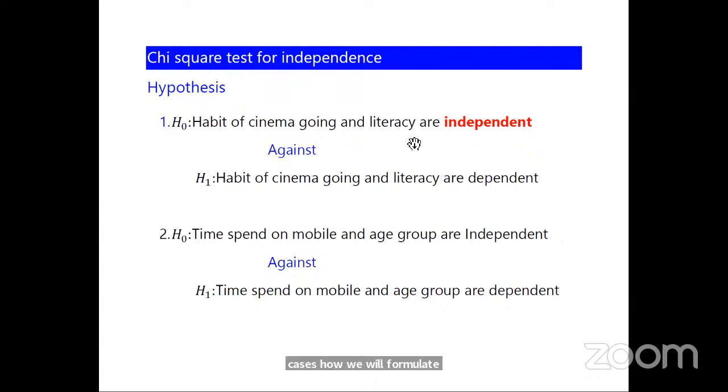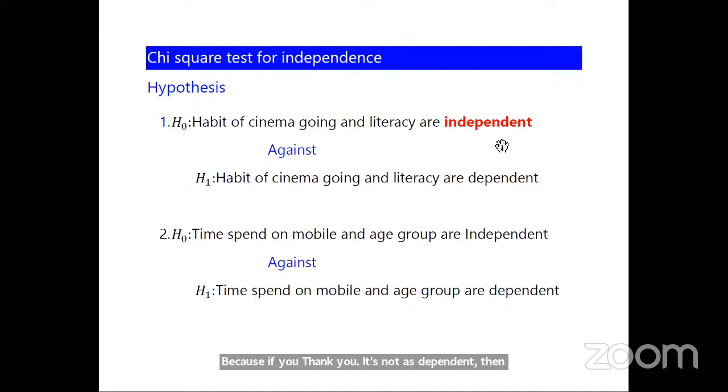Habit of cinema going and literacy are independent. See here, it is very important that your null hypothesis is in the form of independency. They are independent, and your alternate hypothesis will be dependent, because if you take here H naught as dependent, then your conclusions will be exactly in the opposite direction.